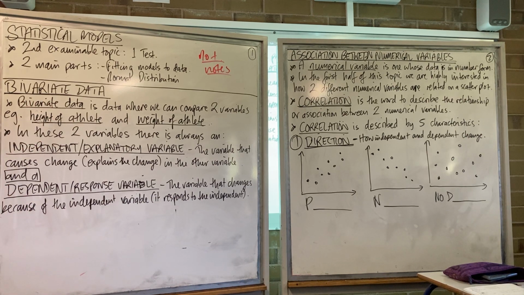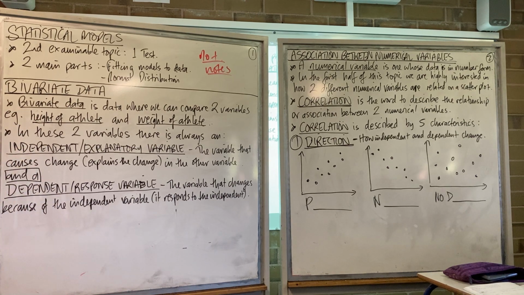And the dependent or response variable is the variable that changes because of the independent variable. It responds to the independent variable. Okay? If this is a revision for you, really you shouldn't have to put this on your cheat sheet. This is a reminder because we're going to talk about these terms when we're doing the actual maths. Okay?